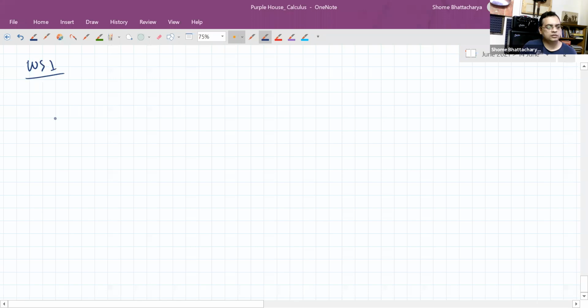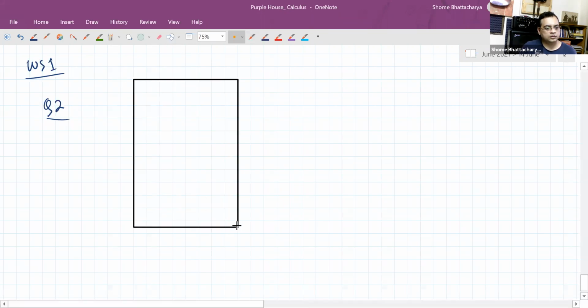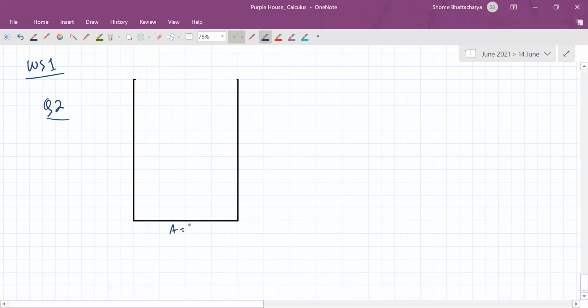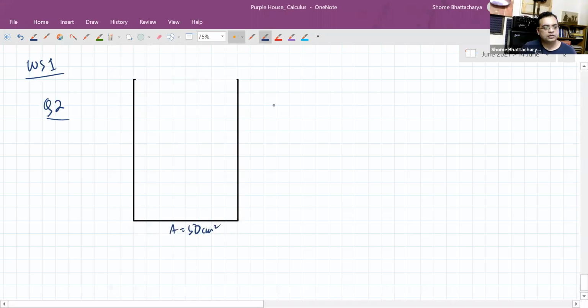So worksheet 1, question number 2. Let's say this is the side view of the cylindrical tank, which is open. The base area is given to us as 50 centimeters square. Initially at t equal to 0, the volume is 0, it's empty. Let's say we have a tap here and we start letting water in.